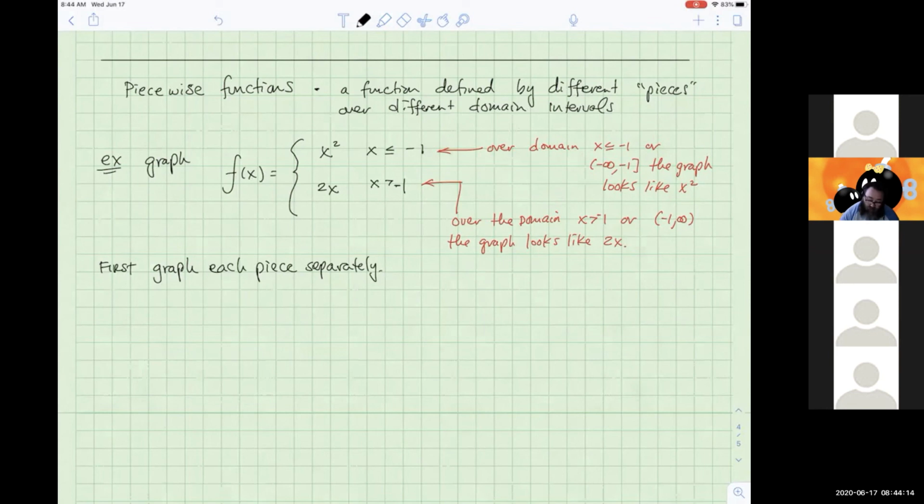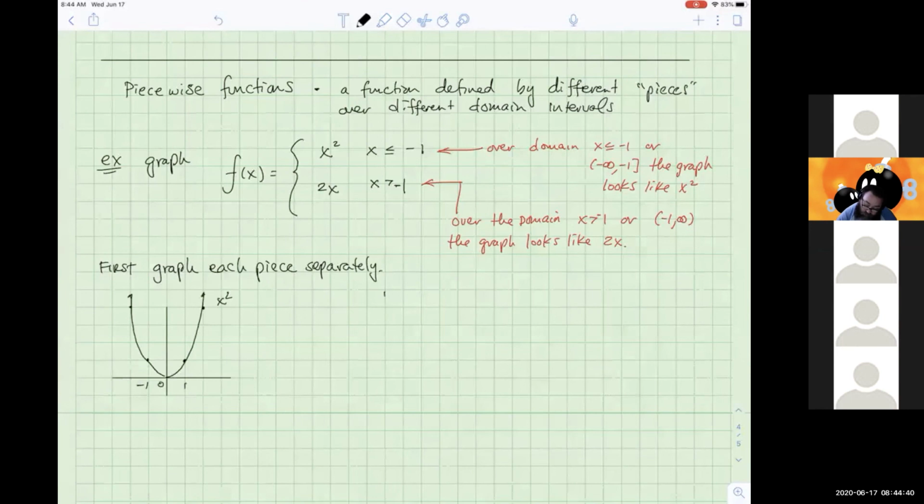Hopefully everybody knows what a parabola looks like. You're not going to be too surprised when I draw this. This is x squared, where this is 0, 1, -1, so on and so forth.